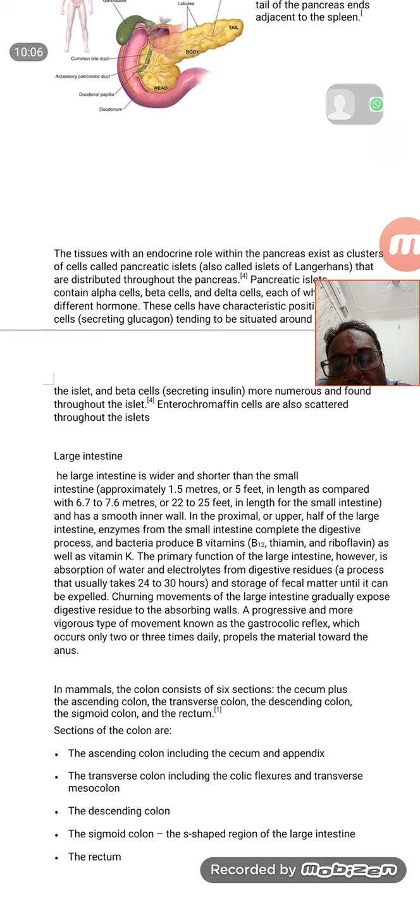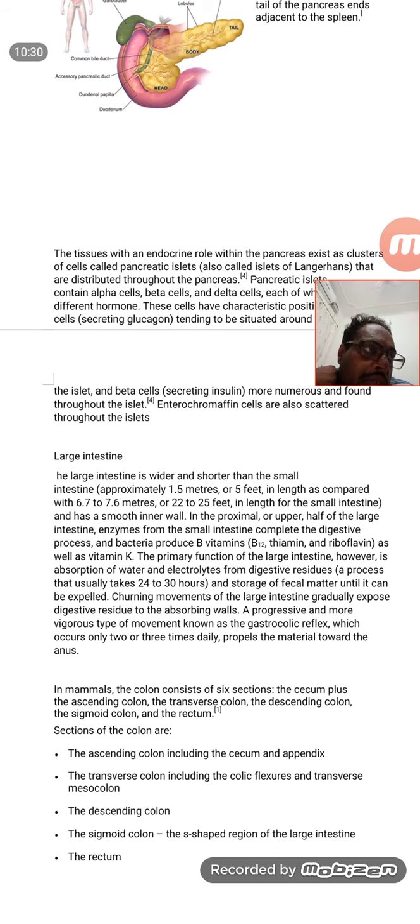The function of this bacterium is that it helps in absorption of water. Along with that, it helps in the synthesis of vitamin B as well as vitamin K. It takes somewhere around 24 to 30 hours, and whatever byproducts are left after that will be expelled out as fecal matter.